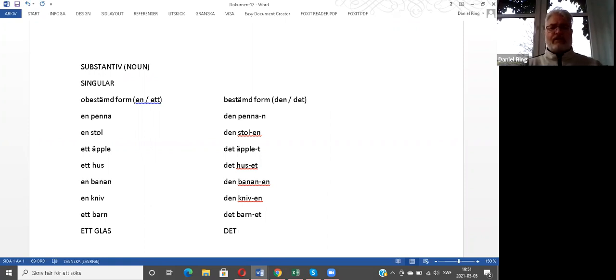And then we continue to build with glas. And then what happens now? Do you know? Det glaset. Correct. Det glaset. Let's take one more, this time with the article en. En bok.